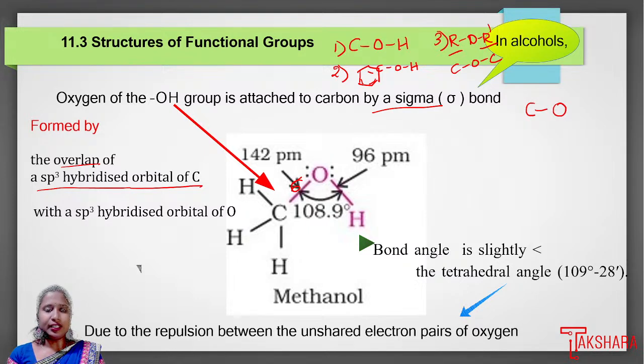If we consider this structure of CH3OH, which is called methanol, the bond present between carbon and oxygen we call a sigma bond. Here CH3 is linked with the oxygen atom, and that oxygen atom is linked with the hydrogen atom.